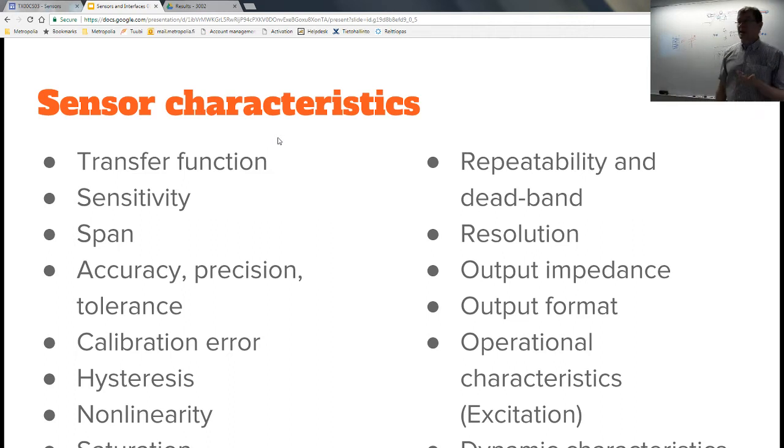Accuracy, precision, and tolerance, all of those three are different things. Basically, we should talk about inaccuracy rather than accuracy. Inaccuracy means how close to the real value you can sense. There are some things that come from the physics that say that it never can be accurate.